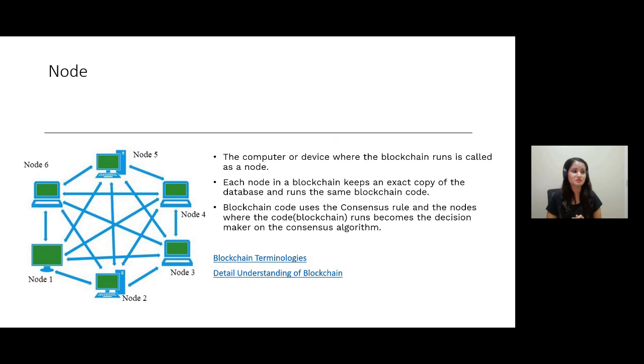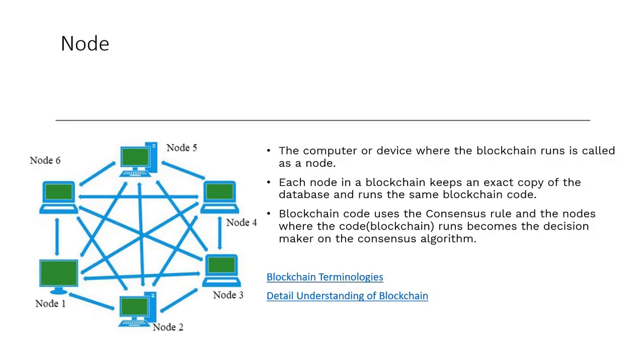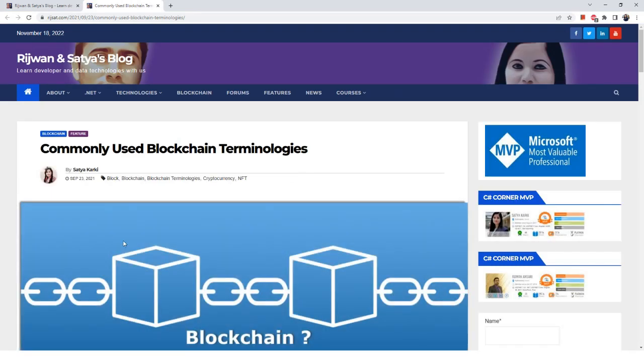There are some more blockchain terminologies that you need to learn, and that may help you to understand the blockchain. Let me show you the blockchain terminologies. So this is my own blog site.